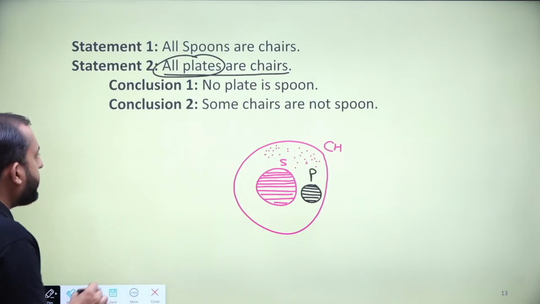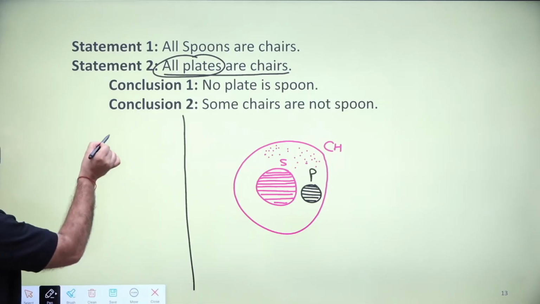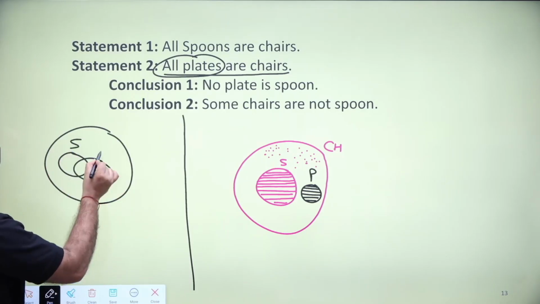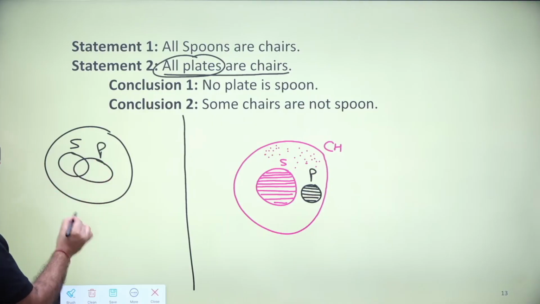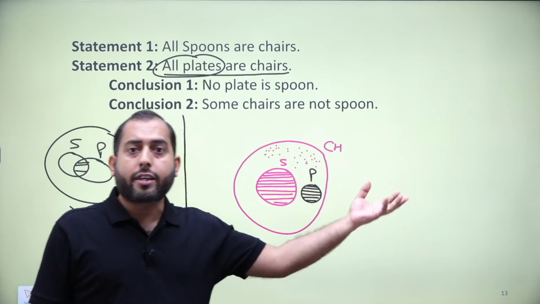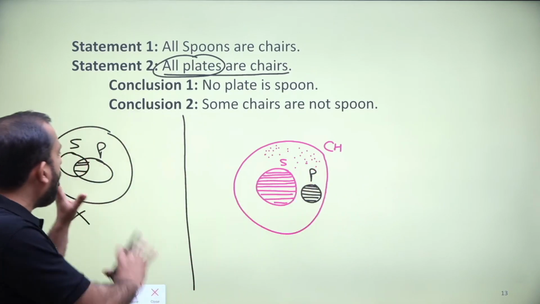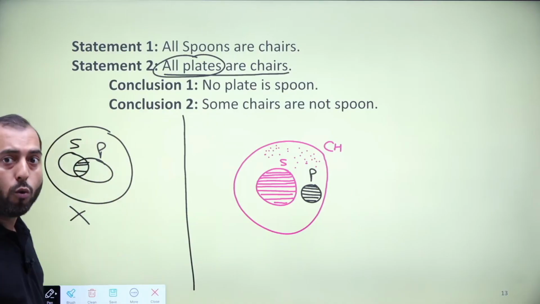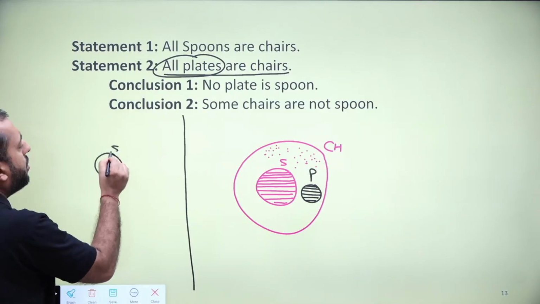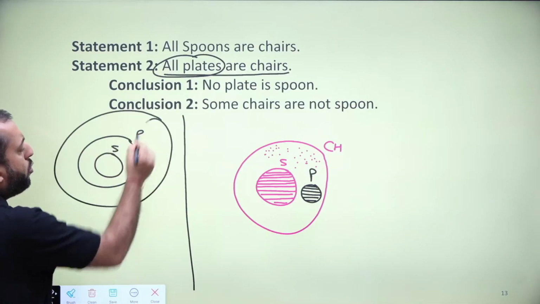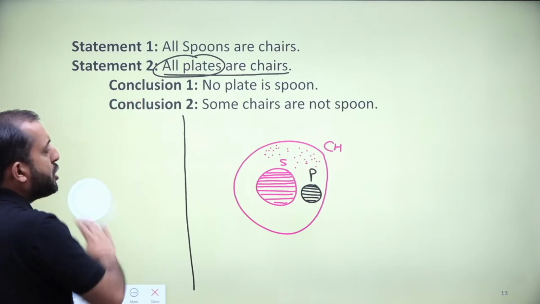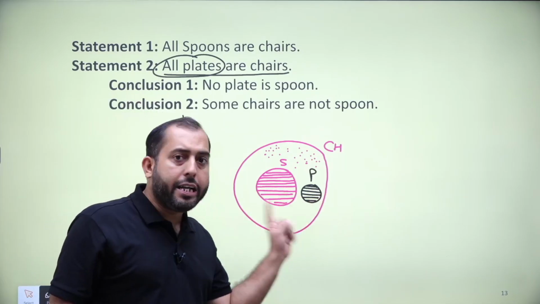Now in this case, do not draw diagrams like this. Do not show the intersection of spoon and plate. While drawing these kinds of diagrams, do not show the overlapping of spoon and plate. Don't draw the diagram like this, with spoon, plate and chair overlapping.